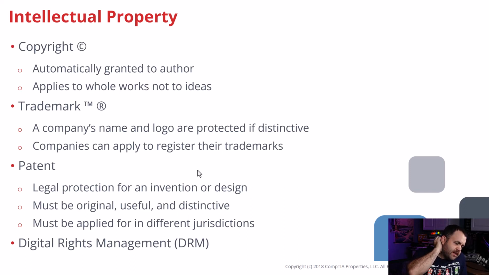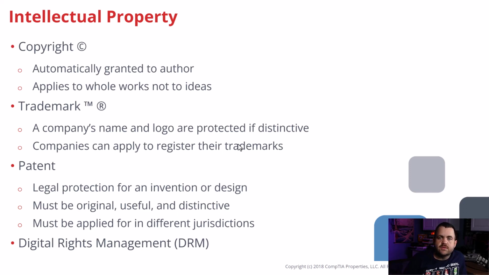And then you also have to apply for it in different jurisdictions. So in the US, we have our patents, but other areas have a different process that you would have to go through. And then finally, digital rights management, or DRM.